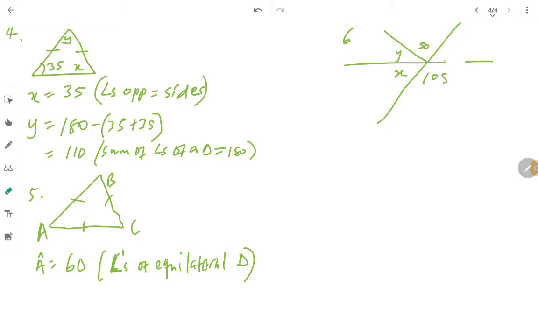So let me remove this. Then let me just say calculate X, Y, and Z. So I can say X is 180 minus 105, angles on a straight line. So the value of X in this case is 75 degrees.